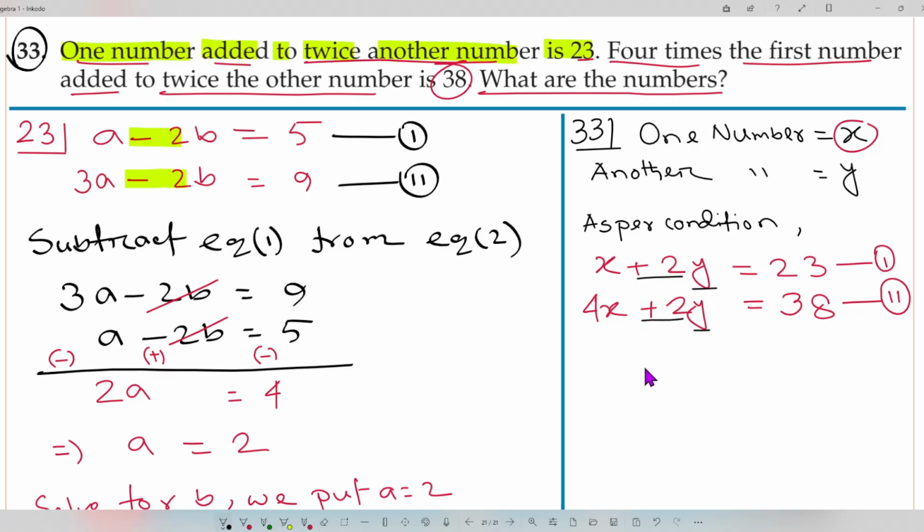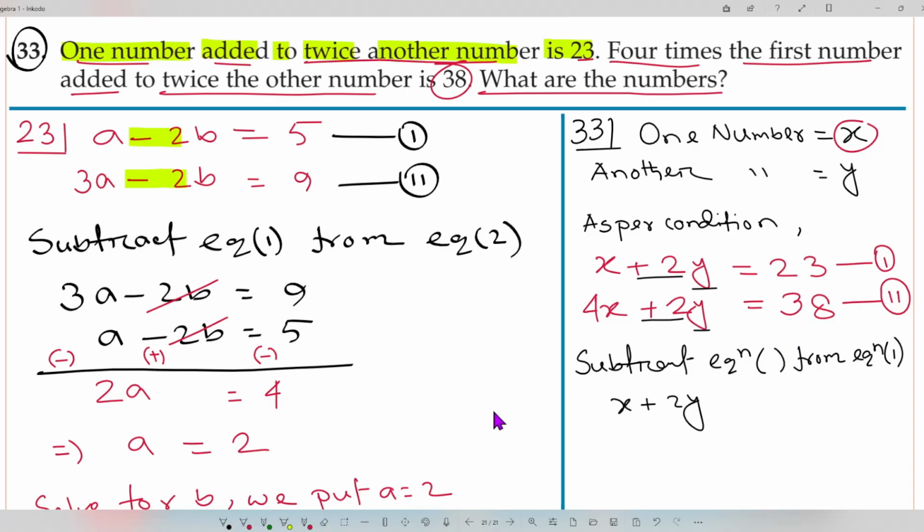So once we make subtraction, we can write subtract equation 1 from equation 2, because 38 is bigger than 23.